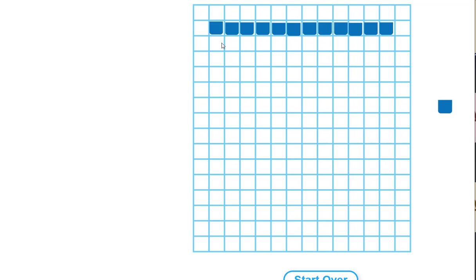So these are 12 squares, and as you can see, my heroes, the array here is one row and 12 columns.